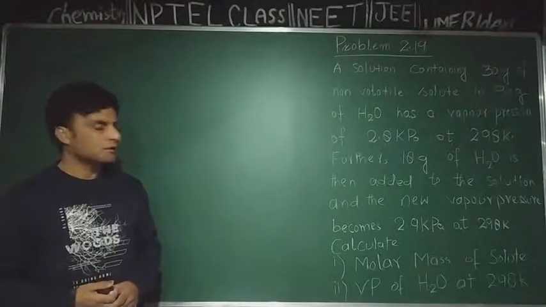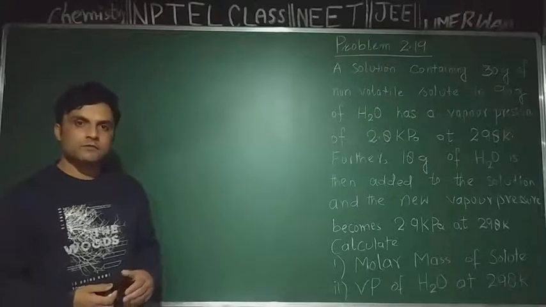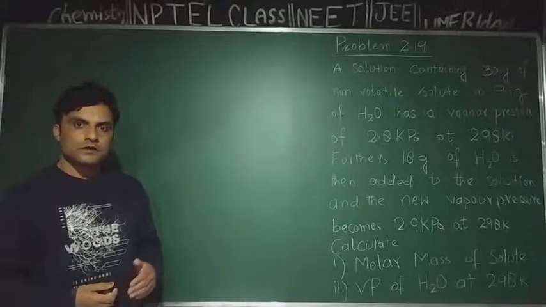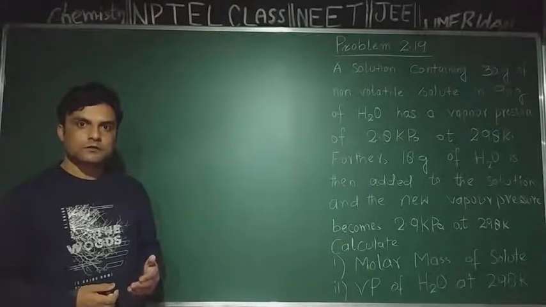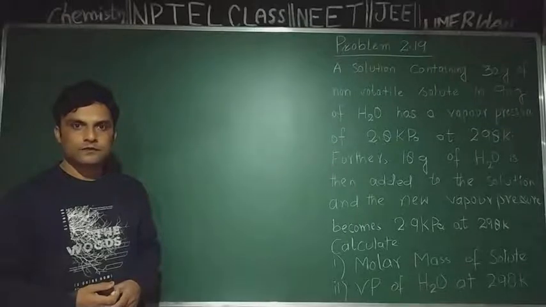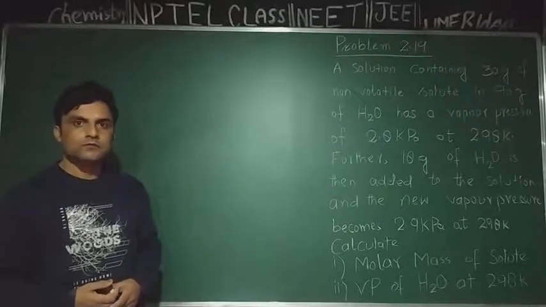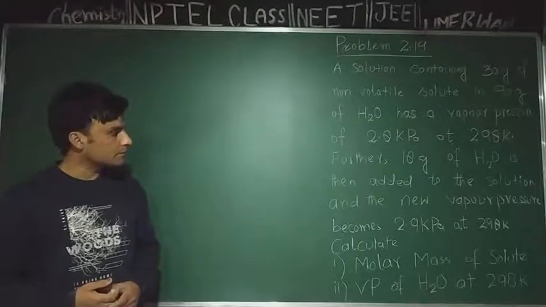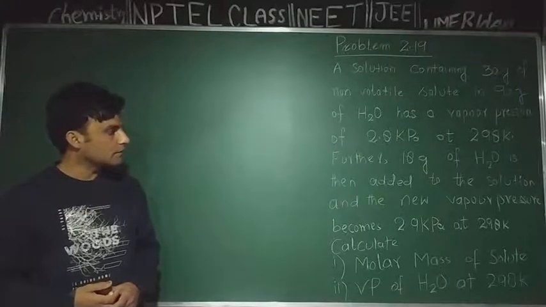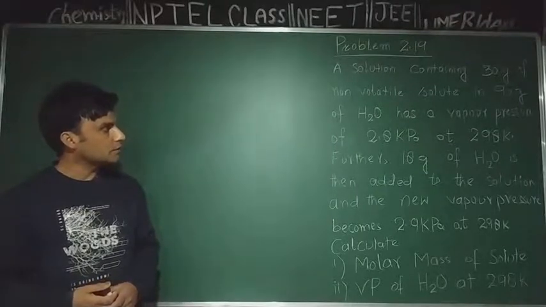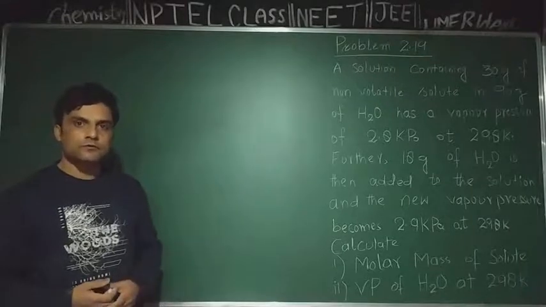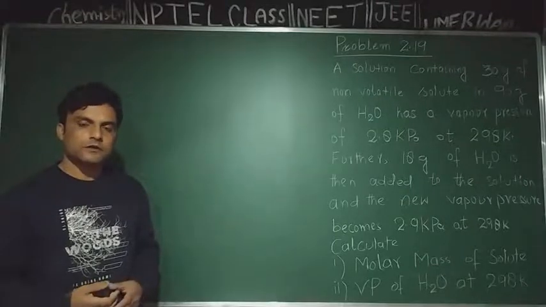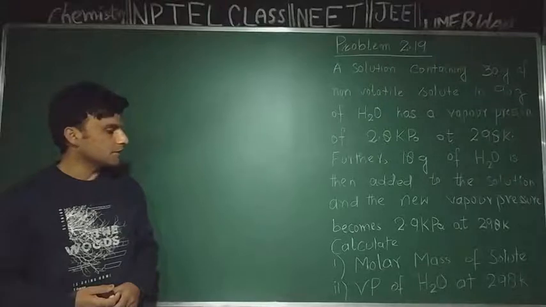Then 18 gram of water is further added to the solution. 18 gram of volatile component liquid water is added to the solution. What will happen? Vapor pressure of solution will get increased, and in the question it is given that vapor pressure of solution is increased to 2.9 kilopascals from 2.8 kilopascals. But here again value 2.9 kilopascal will be obviously lower than vapor pressure of pure solvent at 298 Kelvin.